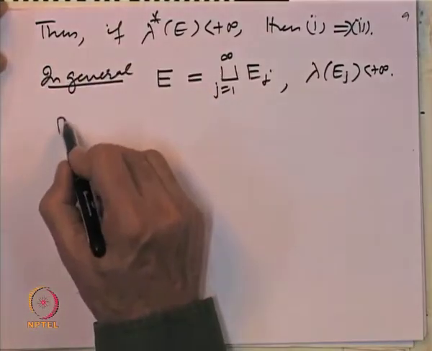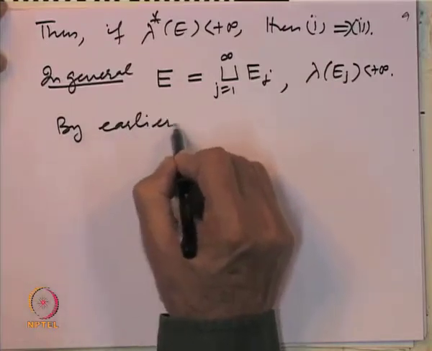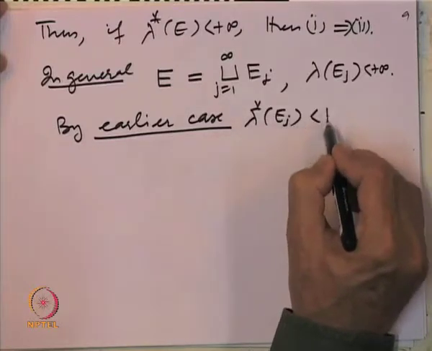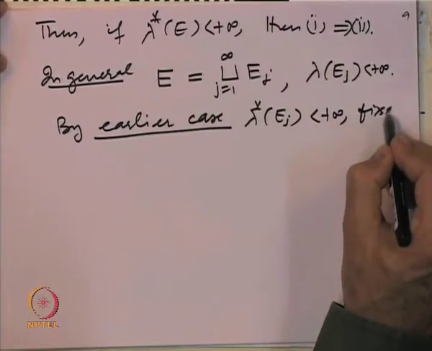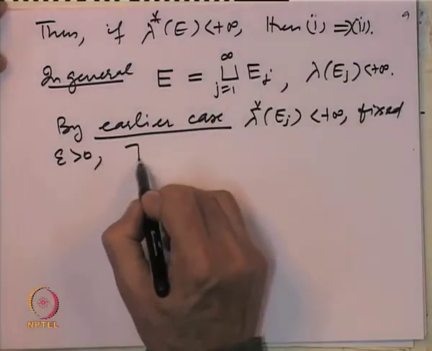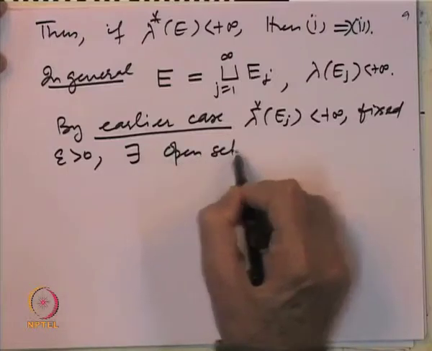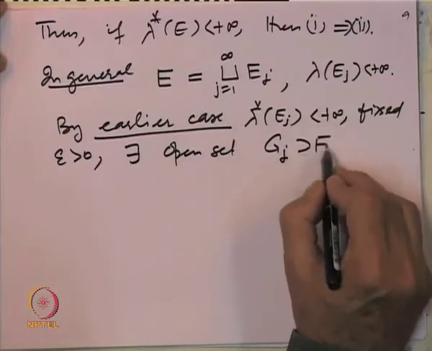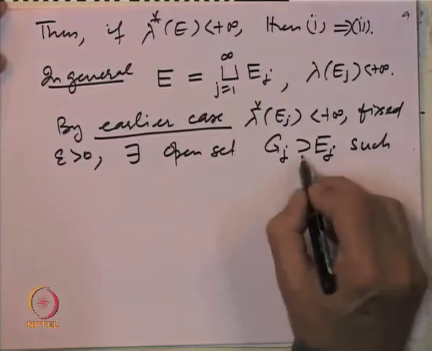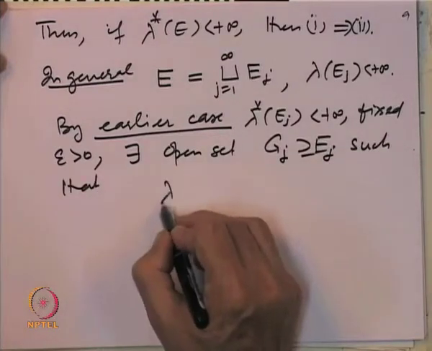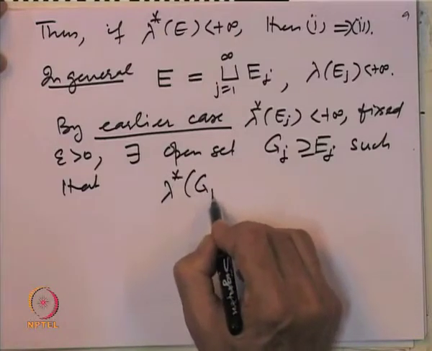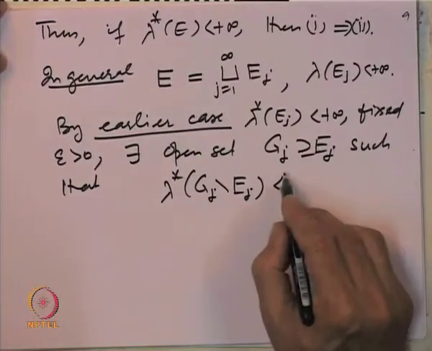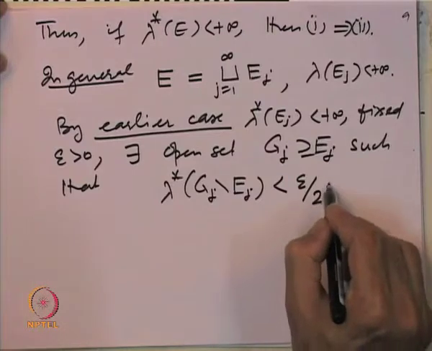So, now by the earlier case, because lambda star of E j is finite, for fixed epsilon bigger than 0, there exists an open set, call it G j, which includes E j such that lambda star of G j minus the set E j is less than epsilon, but we are going to write less than epsilon to the power 2 to the power j.